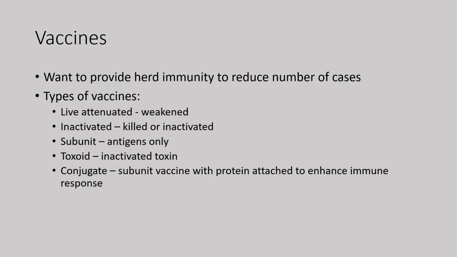We have watched the number of cases of a number of diseases drop dramatically due to vaccines. Smallpox was the first disease that has been completely eradicated worldwide. It does not exist anymore. Why? Due to the effective vaccination program. We have been close to eradicating polio.